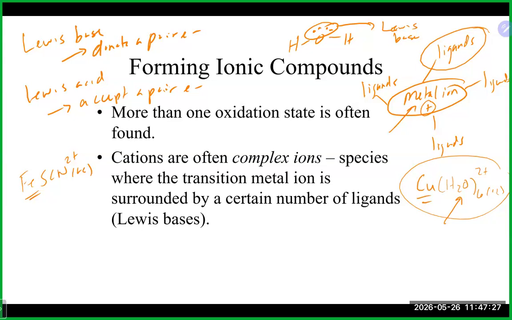And because you're electron deficient, that also makes you a really good Lewis acid because you're willing to accept electrons because you've kind of lost them. So things that are positively charged make pretty good Lewis acids. And again, that's why our transition metals are typically found in the center of a complex ion.